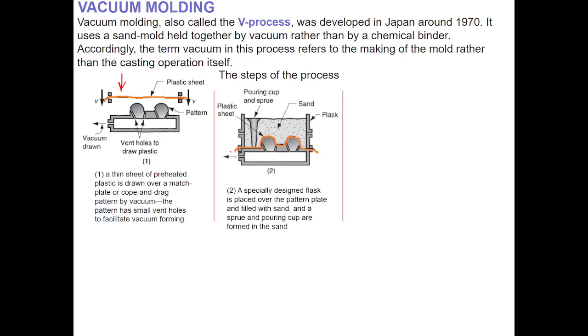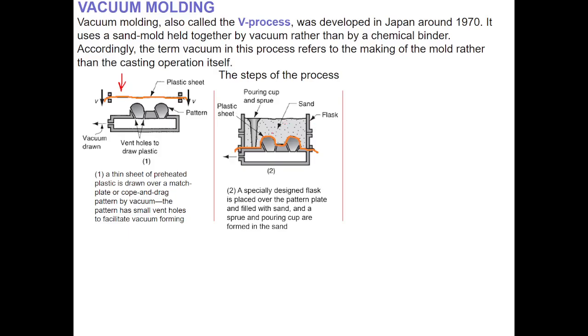We have the plastic sheet wrapped to the pattern, and it is now in the shape of the casting. And then we have all of these things within a flask. We pour the sand particles, but we have no clay, we have no water.